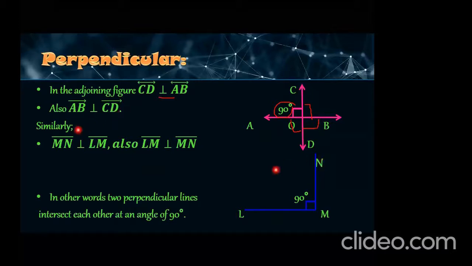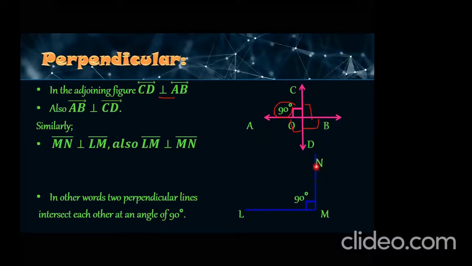Similarly, if you look at this figure, this is the line segment MN, and it is perpendicular to LM. Why? After intersecting, they form an angle of 90 degrees. So we say that MN is perpendicular to LM, or also you can say that LM is perpendicular to MN, right? So in other words, two perpendicular lines intersect at an angle of 90 degrees. If you have any two perpendicular lines, they will intersect at an angle of 90 degrees, right?